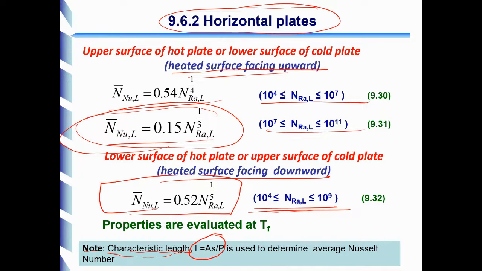The characteristic length formula: L equal to As by P. So L equal to surface area, L times W, divided by perimeter. P is the perimeter, so 2L plus W. So this is the equation.